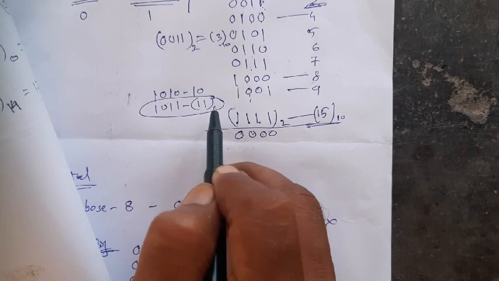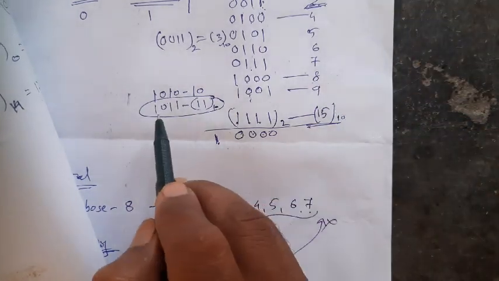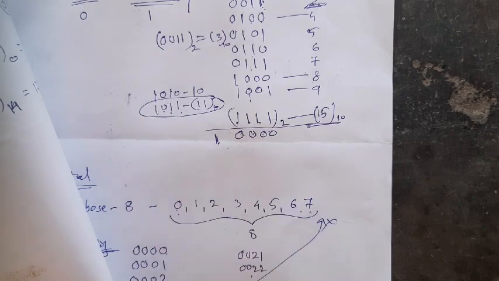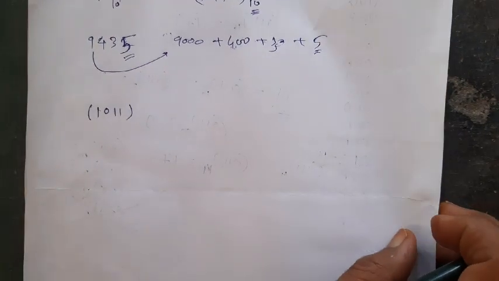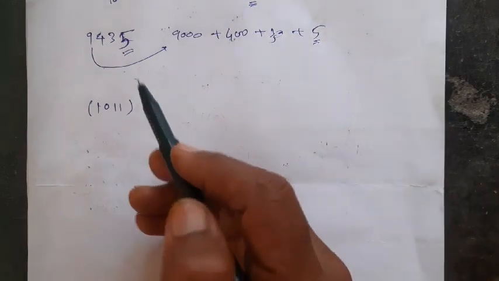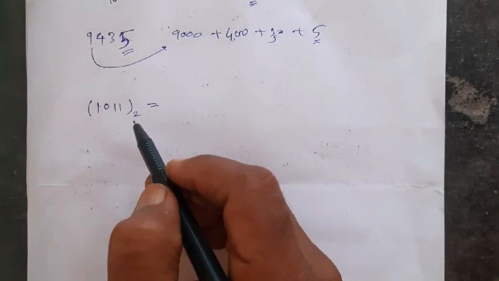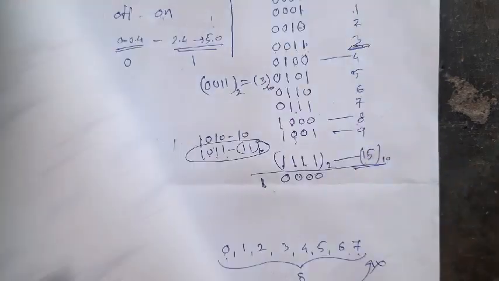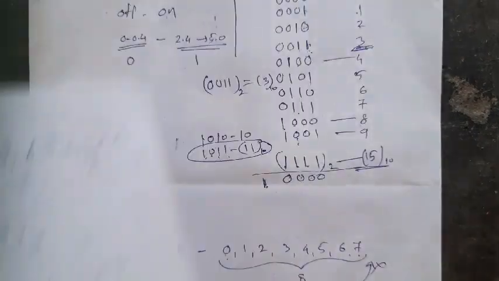Therefore we are aware of this type of sequential calculation, and for this 1011 we will check whether our method gives the same result, that it is 11 in the decimal number system, so that we are confident about this method. Here the base is 2, and sometimes we write the subscript 2, or we can write B also.